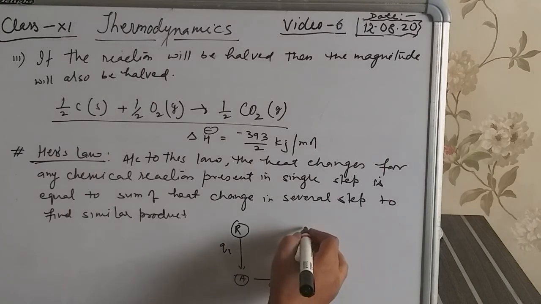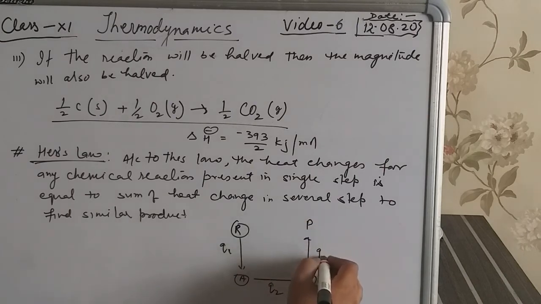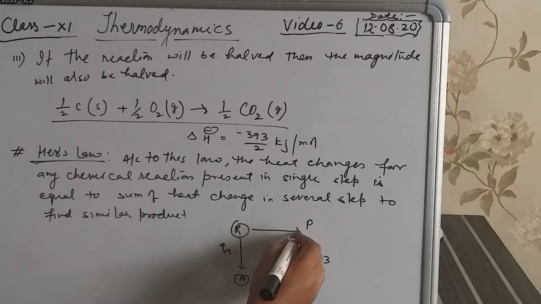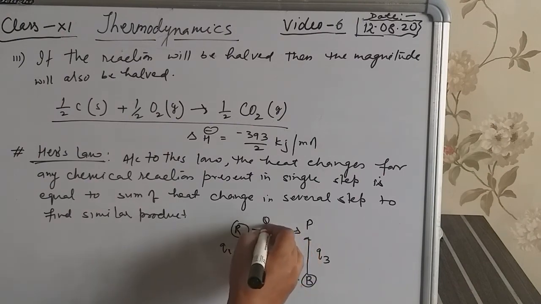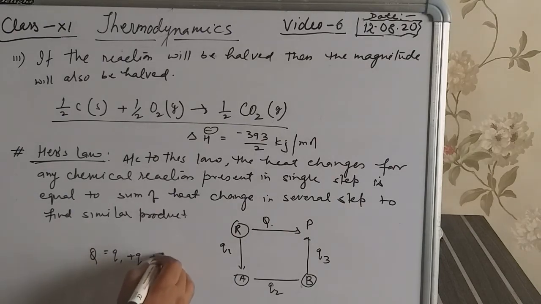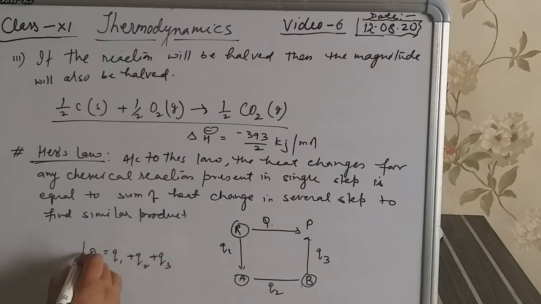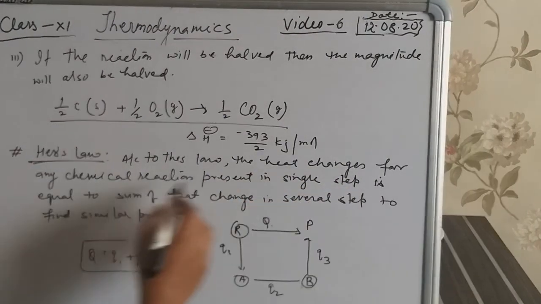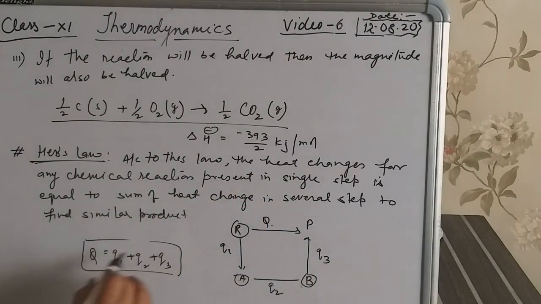B changes into P, with heat Q3. And R changes directly into P, suppose this is Q. So Q is equal to Q1 plus Q2 plus Q3. So the heat change for a chemical reaction in a single step is equal to the sum of heat changes in several steps to form the same product.